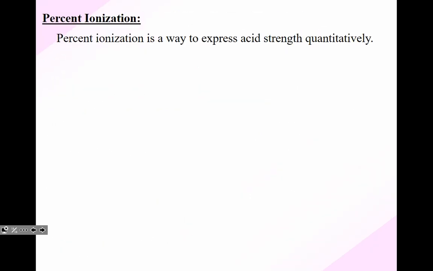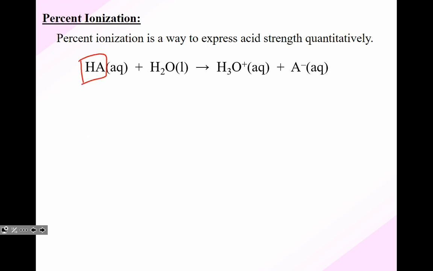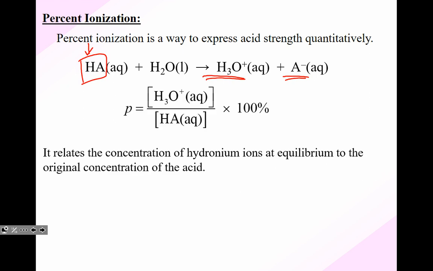Okay, percent ionization is a way to express acid strength quantitatively. If we're talking about an acid, this is just a formula for an acid, which is basically hydrogen plus something else plus water, going to give you your hydronium ion plus your anion.